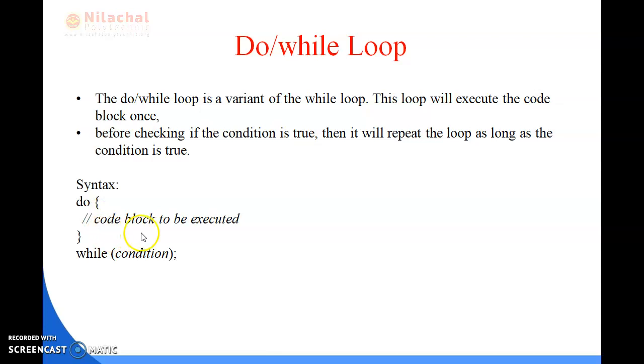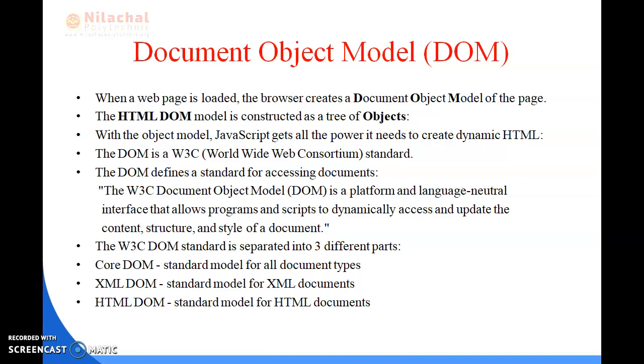So first it executes the code block, then it comes to the condition, and when the condition is true, the loop continues executing. So these are the different loops: for loop, while loop and do while loop that we are using in JavaScript.